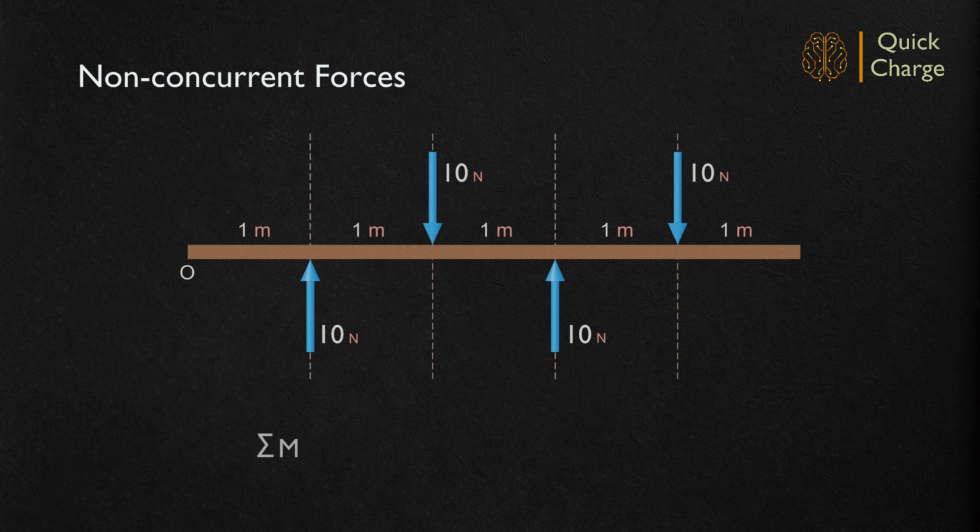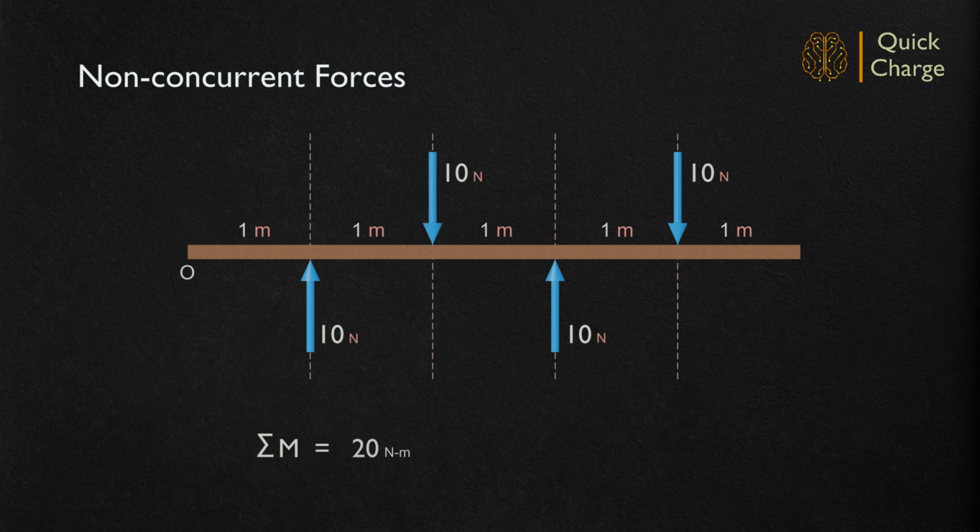Sigma M is equal to minus 10 times 1 plus 10 times 2 minus 10 times 3 plus 10 times 4, which is equal to 20 Newton meter. Here, the clockwise moment is considered as positive and anti-clockwise moment is considered as negative.